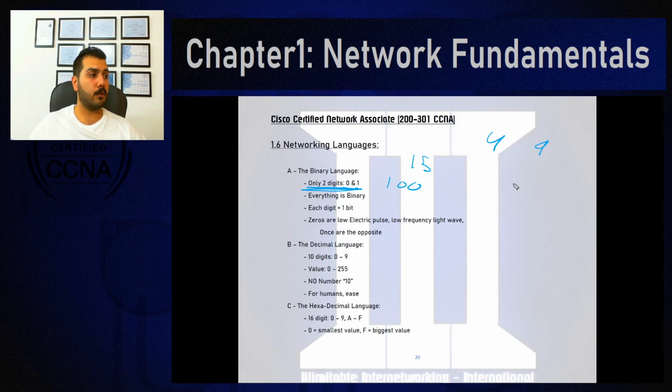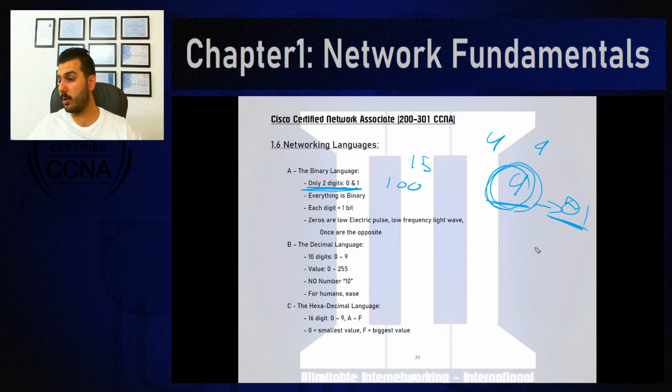So when I type number 4 in any application on my computer or in any command on a networking device like routers, switches, access points, or even firewalls, how does this device understand it? This happens by converting this decimal number to a binary number of zeros and ones, because devices only understand binary.